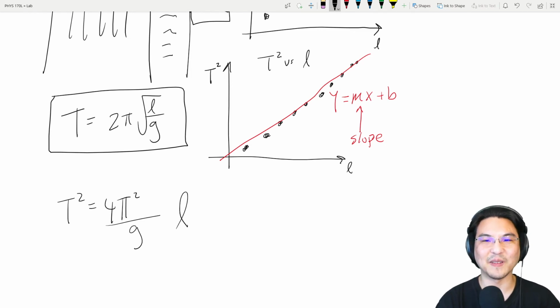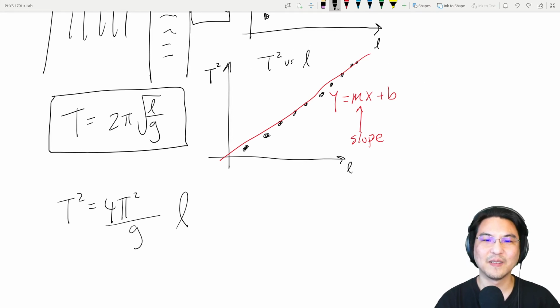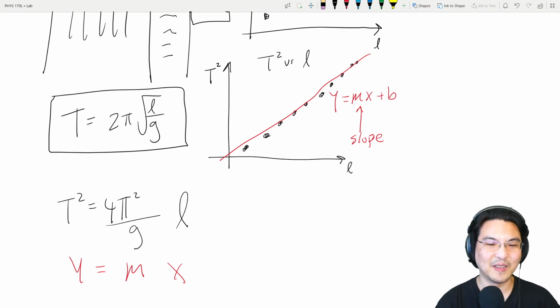Right, so then if you look at the equation for the trend line and this equation we just derived here, this is like y equals mx plus b. So if there's no y-intercept, just ignore this. We're just comparing these right here.